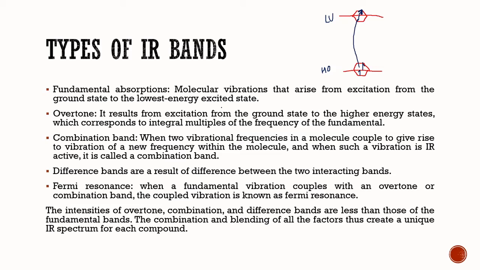In Fermi resonance, the fundamental vibration couples with the overtone or the combination band. So these are the different types of IR bands: fundamental, overtone, combination, difference, and Fermi resonance.